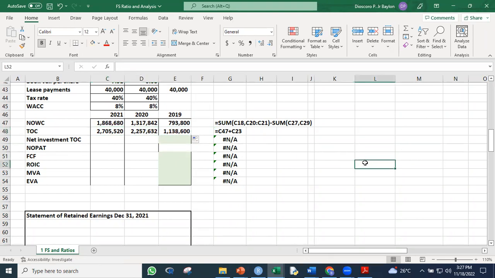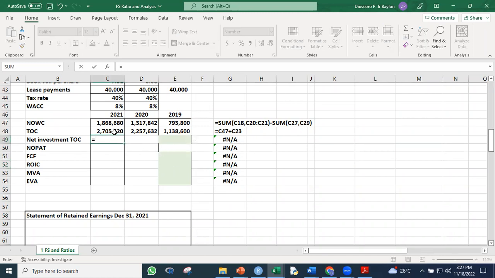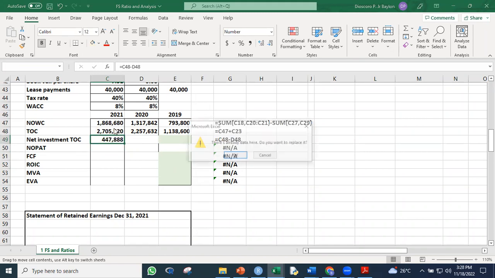All right. So I have now the total operating capital for 2021, for 2020, and 2019. And the net investment is simply the increase in your total operating capital.